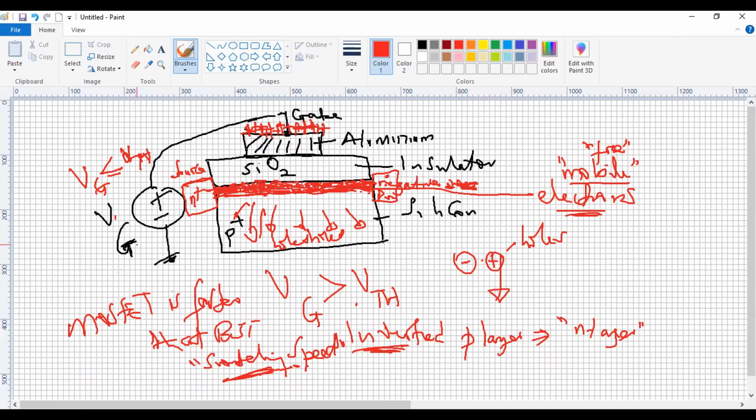So to switch it off, just get rid of the channel, and we get rid of the channel by making this VG less than that threshold. Okay, I'm assuming that this is clear since I don't see any hands up.